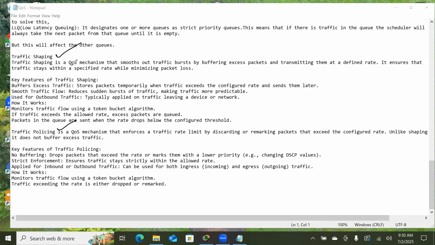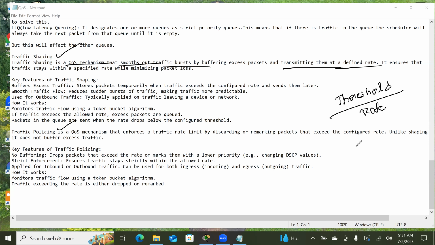Shaping is a quality of service mechanism that smooths out a traffic burst by buffering excess packets and transmitting them at the defined rate. So here it will have a threshold rate.